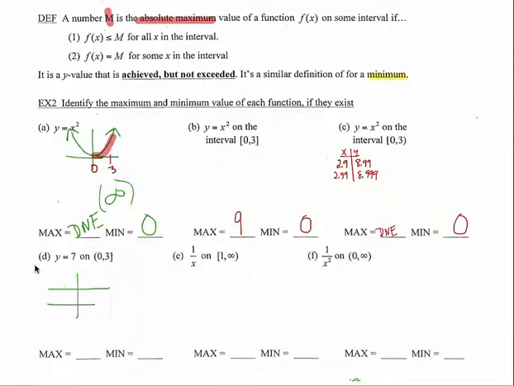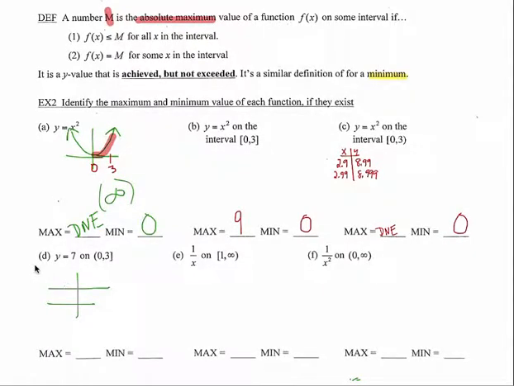So we just simply have a horizontal line crossing the y-axis at 7, and we're looking at this open interval on the 0 side and closed interval on the 3 side. So we have open, it doesn't look like an open interval.